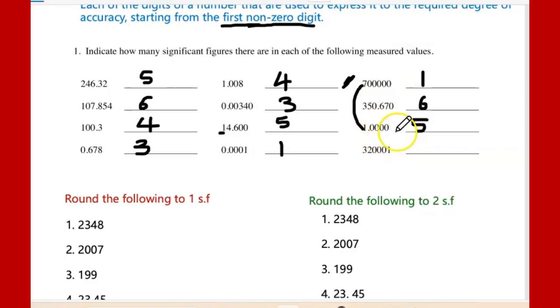So the instruction must have been to round this to how many significant figures? 1, 2, 3, 4, 5. So that's why we have to include these 4 zeros, 1.0000. So this is what we're supposed to have here. Now this will be 1, 2, 3, 4, 5, and 6. And that is what is supposed to be.